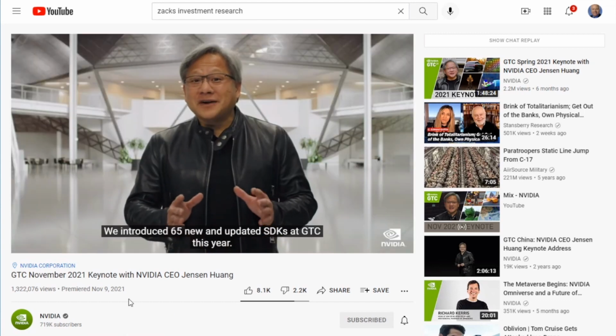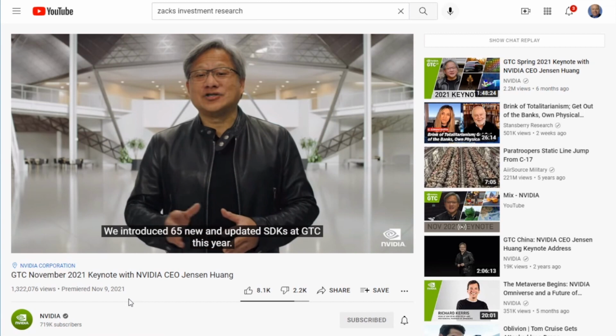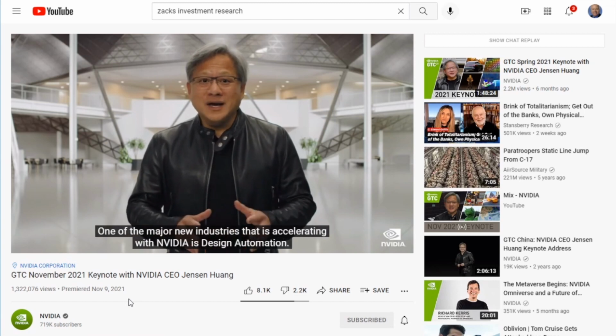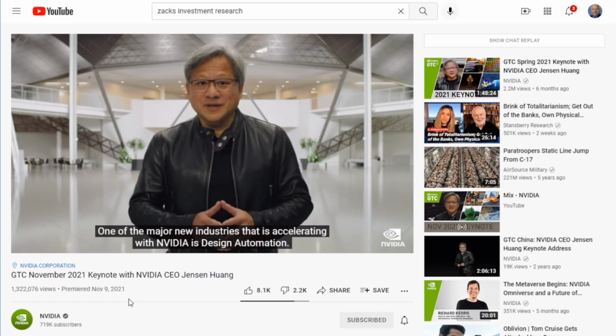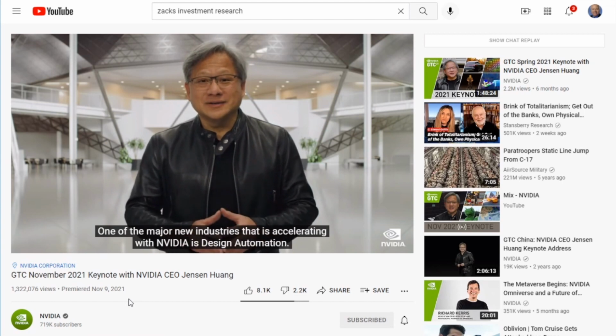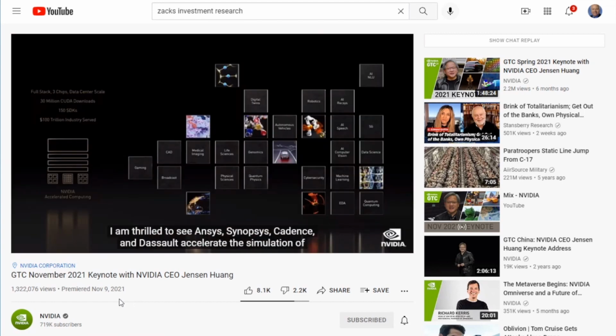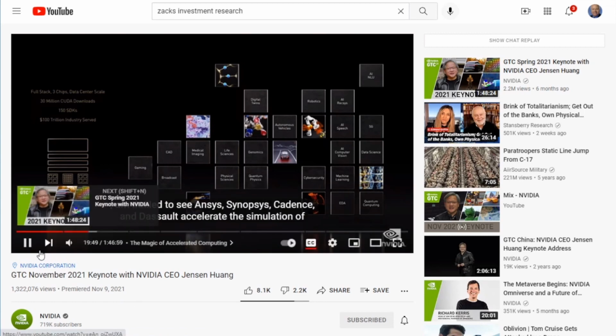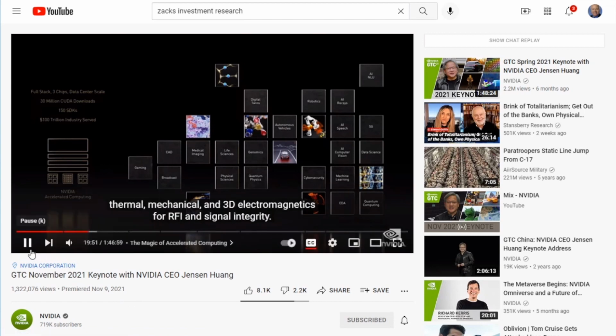We introduced 65 new and updated SDKs at GTC this year. One of the major new industries that's accelerating with NVIDIA is design automation. I am thrilled to see Ansys, Synopsys, Cadence, and Dassault accelerate the simulation of thermal, mechanical, 3D electromagnetics, RF interference, and signal integrity.